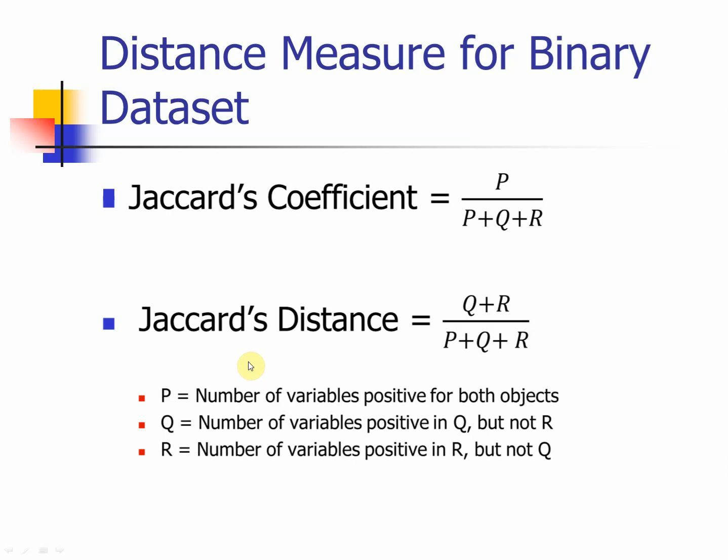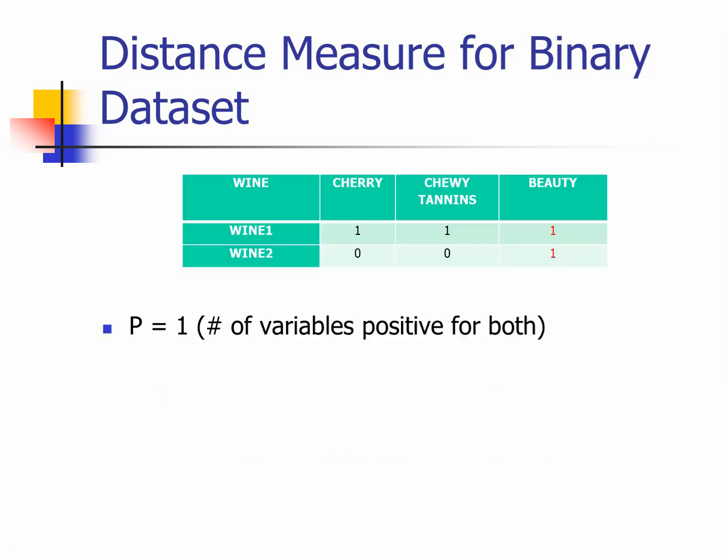On the other side, if Jaccard's distance equals 1, that means they are totally different from each other. Because distance indicates the shorter the better, the coefficient indicates the higher the better. So you just need to understand that when Jaccard's coefficient equals 1, the two things are identical. So let's take a look at an example here.